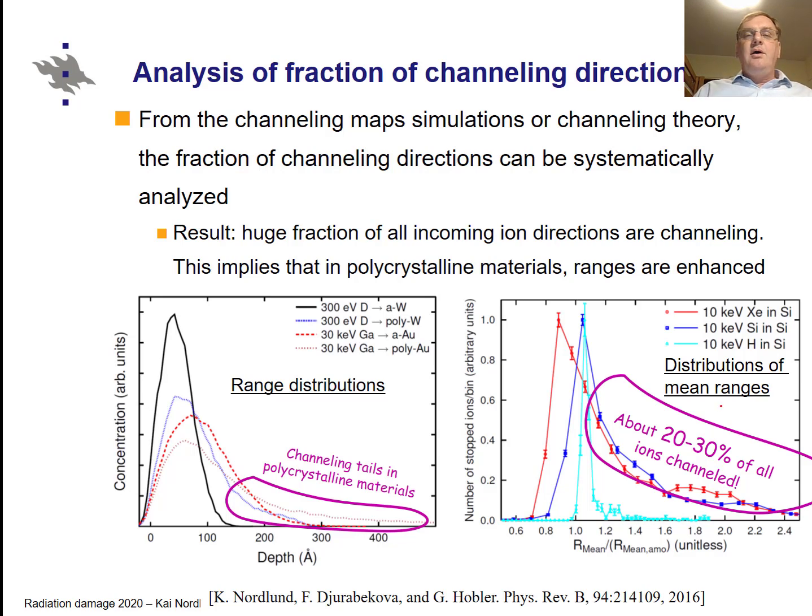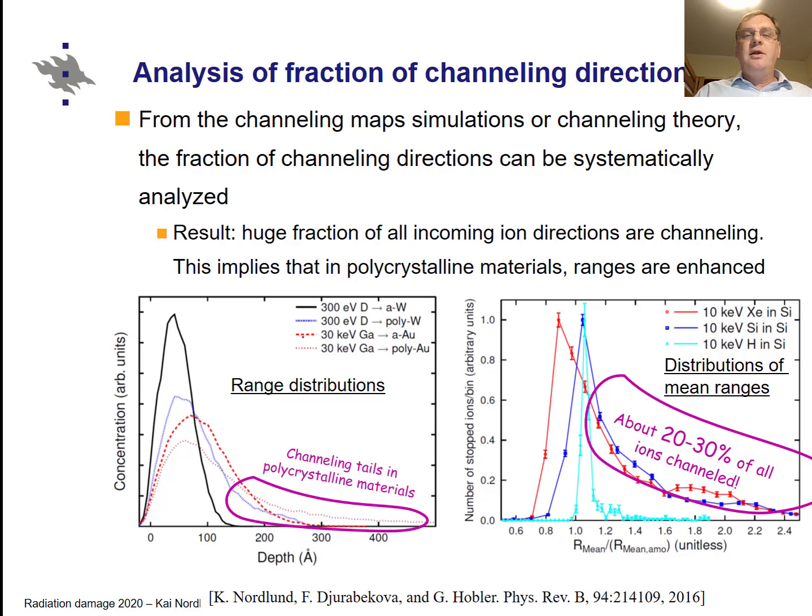And from this kind of simulations, one can also analyze which fraction of ions are channeling. This is plotting in a few different cases the range distributions for amorphous material and polycrystalline material. In an amorphous material, there can be no channeling because an amorphous material has no crystal order by definition.